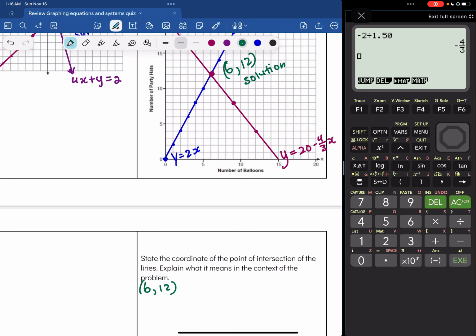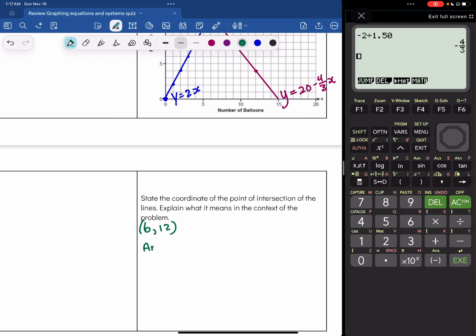So let's just write that out. Anna can buy 6 balloons and 12 party hats for $30.